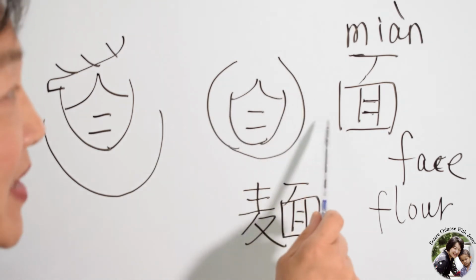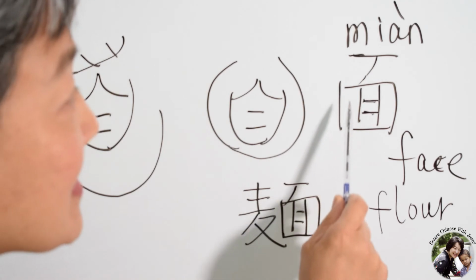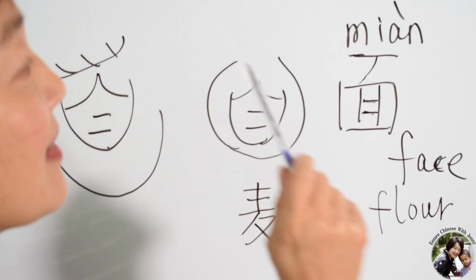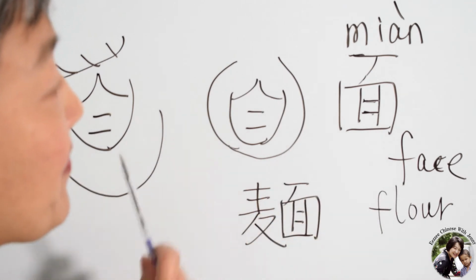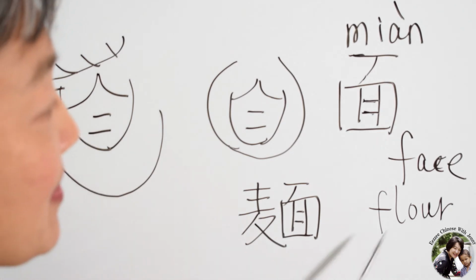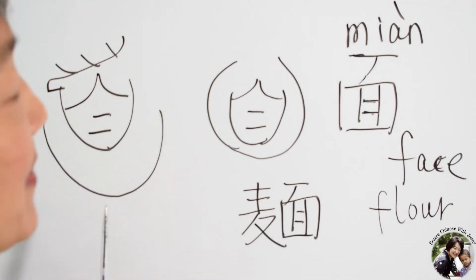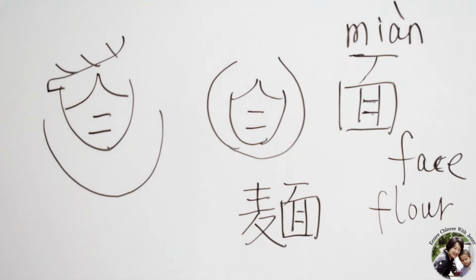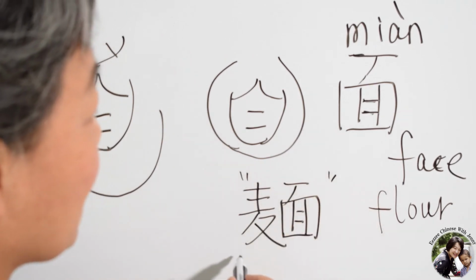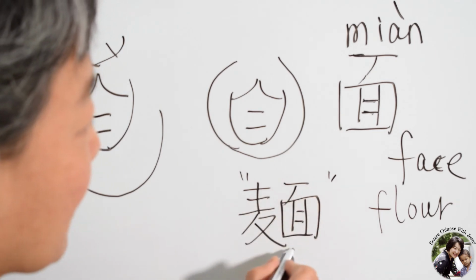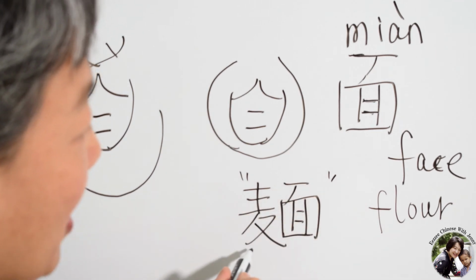The simplified version is written like this, and the pronunciation is 面, fourth tone, means face. This character also currently means flower. However, for the original version of flower, the Taiwan or the Hong Kong people still write it in the traditional way, where this part gives the pronunciation and this part is meaning.